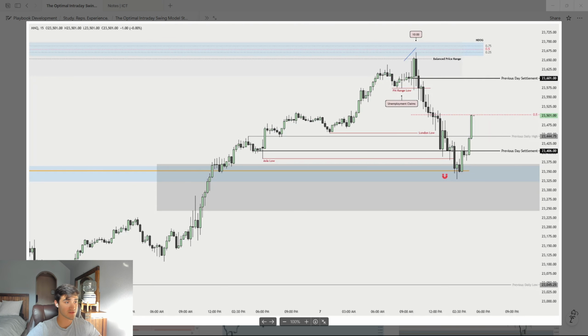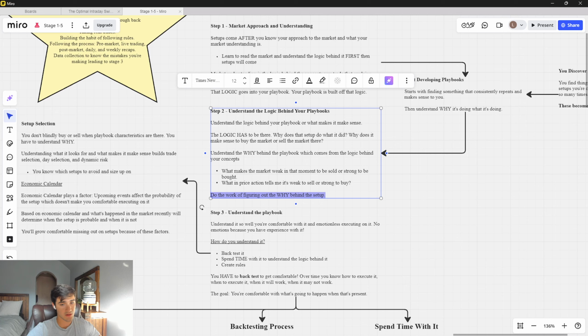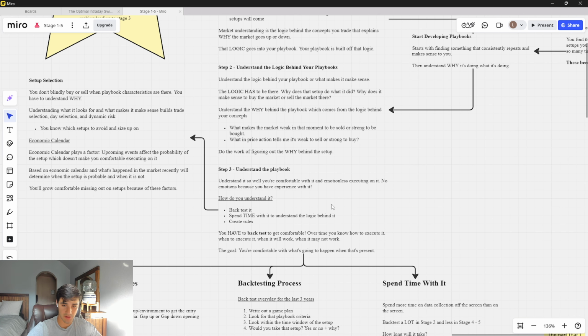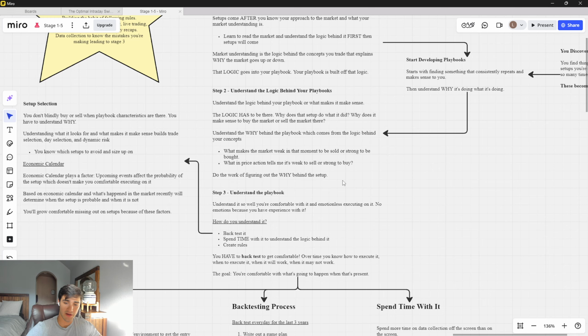It's a process, start to finish, and it's the same thing each time that the market does present this playbook. So you find your anomaly, you frame the logic behind it. That logic develops a language that allows you to understand the move, understand the why behind the move, and now it is something that makes sense to you. Now it's something that's consistently repeating.